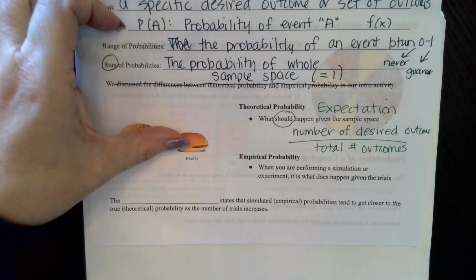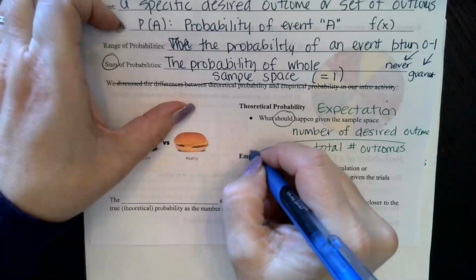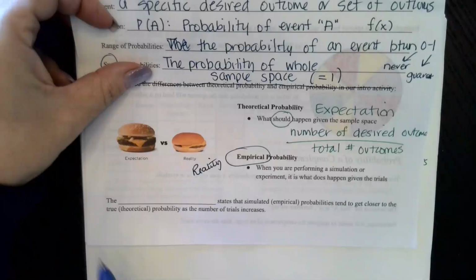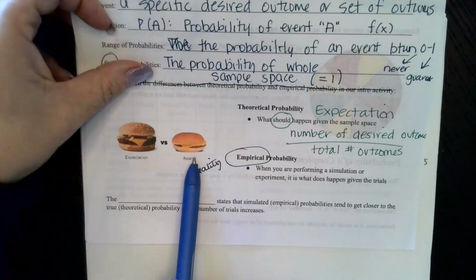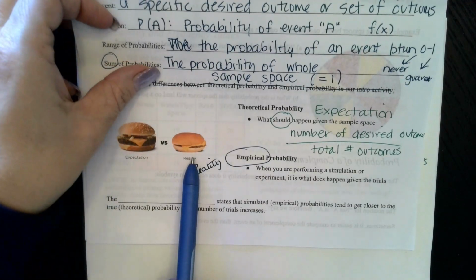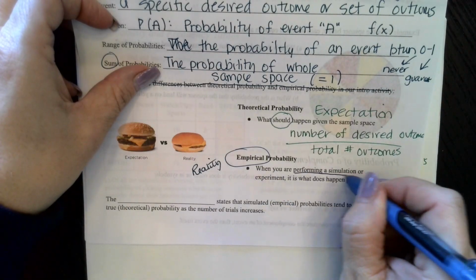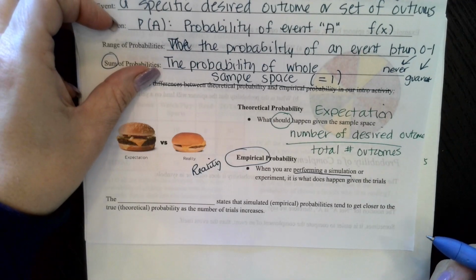And then we have this empirical probability. The empirical probability is just the reality. This is maybe what we expect, our theoretical, but in reality, this is really what we're getting. So our experimental, our empirical, is going to be when we perform a simulation or an experiment, and it gives us what really happens in the trial.